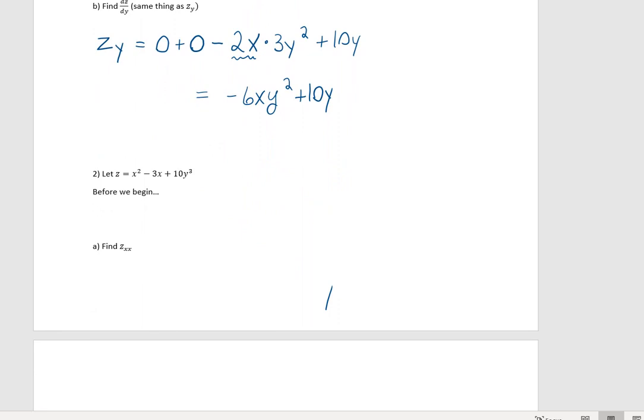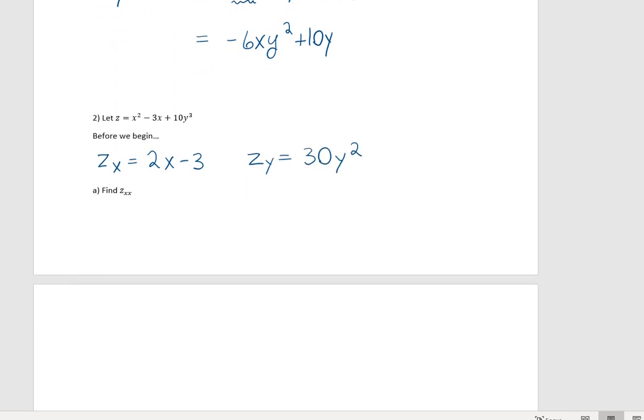Alright, now for the next one, we're going to be finding second and third derivatives, or just second derivatives, but changing the variable. So before we start, we're going to do z sub x, which would be 2x minus 3. And we're also going to find z sub y, which equals 30y squared.